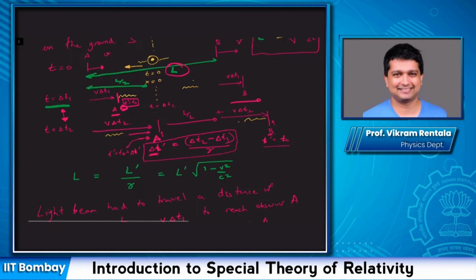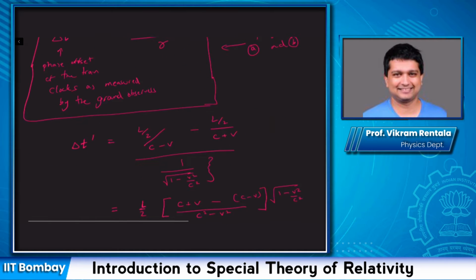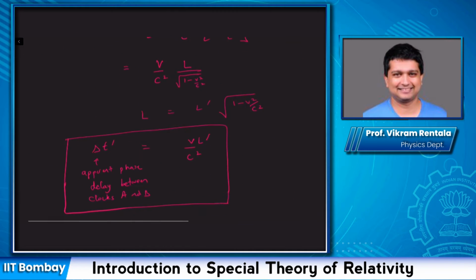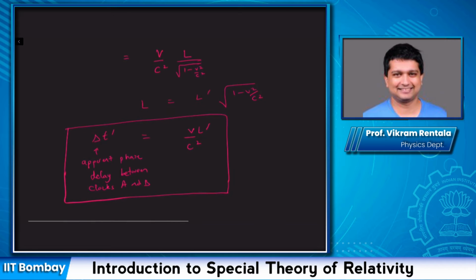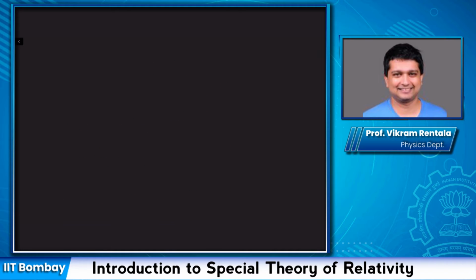All right, so now we have an intuitive perspective of, given the constancy of the speed of light to all observers, why the clocks in the train would not appear to be synchronous, and in fact would just have a phase delay. The next thing that we would like to do is to expand our dictionary.